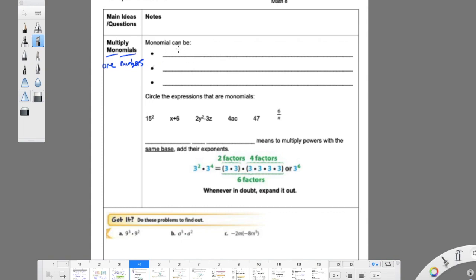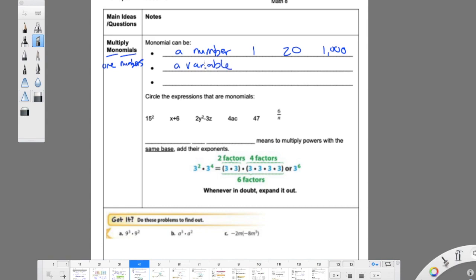So in this notes area, we just want to identify what a monomial can be. It can be just a number. Any number: I can pick 1, I can pick 20, I can pick 1,000. It doesn't matter what the number is. These are just 3 examples of infinite examples. You could also have a variable.